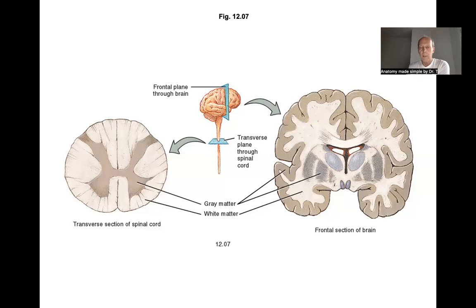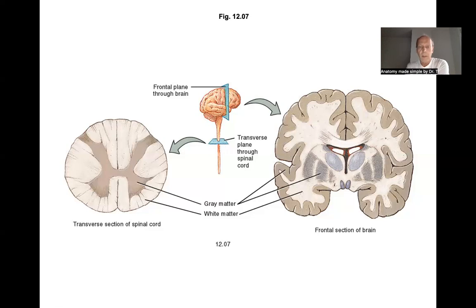By doing this, we identified that the nervous system, composed of neurons, of course, shows some kind of color differences depending on which part we observe, whether it's a cross-section through the spinal cord or a cross-section through cerebral hemispheres. We identified two different types, the white matter and the gray matter of the central nervous system.